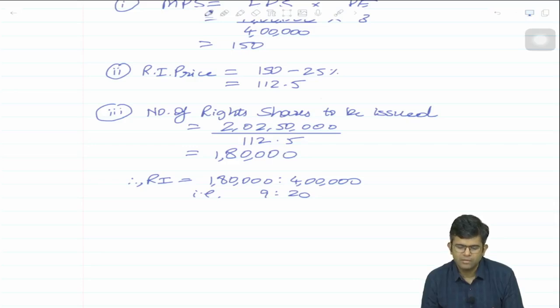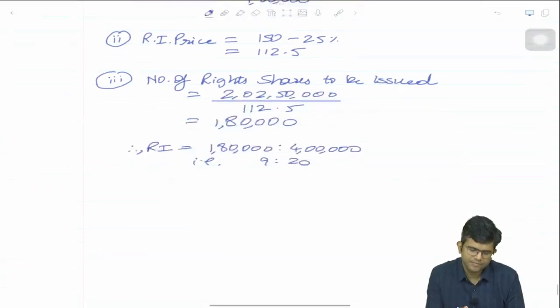Divided by what? 20,000 on both sides. 9:20. Which means if you have 20 shares, you get one right to buy 9 shares, like that. All done.